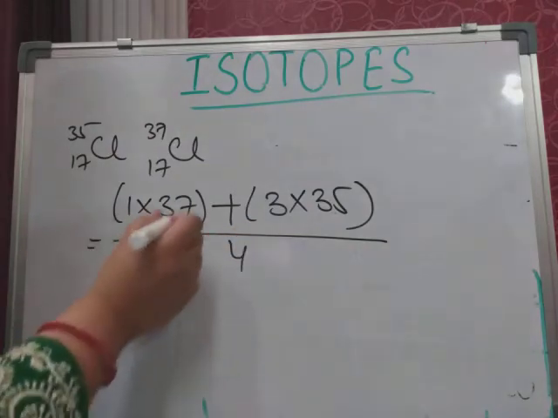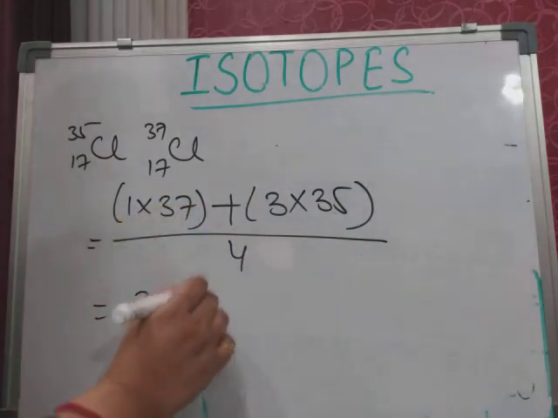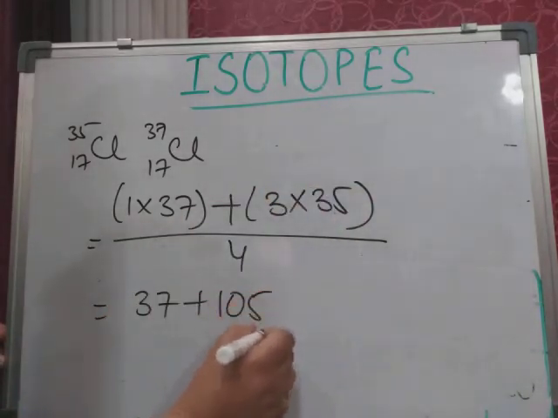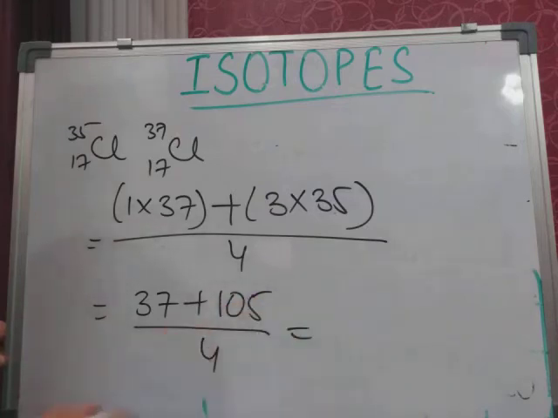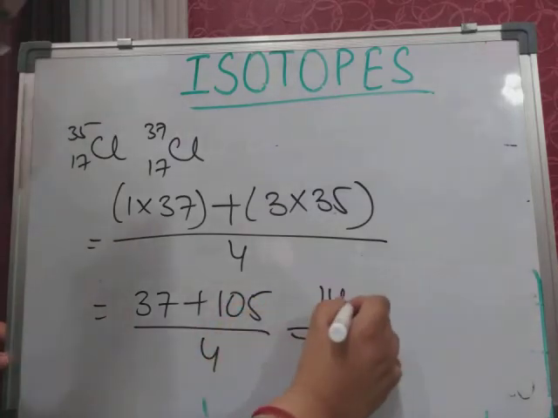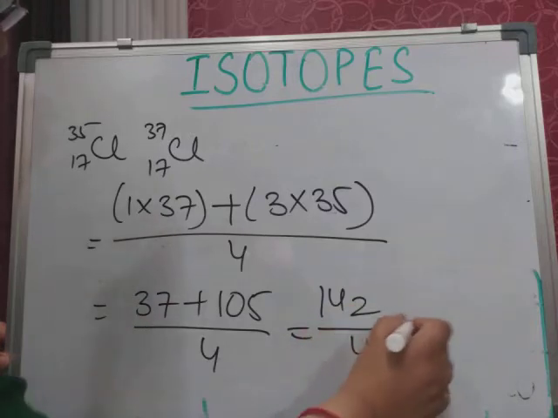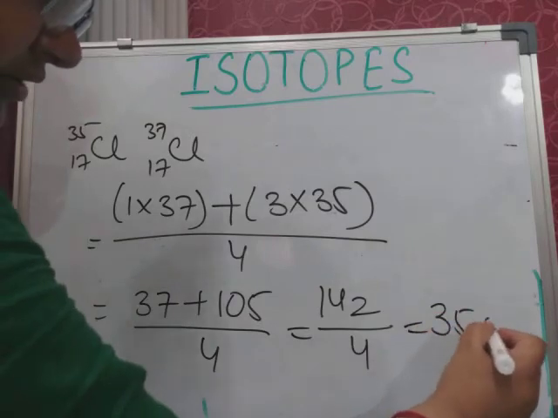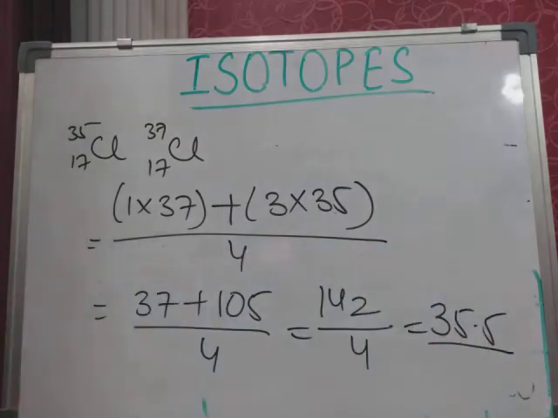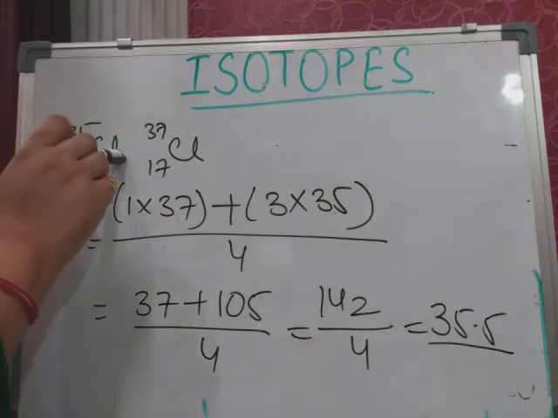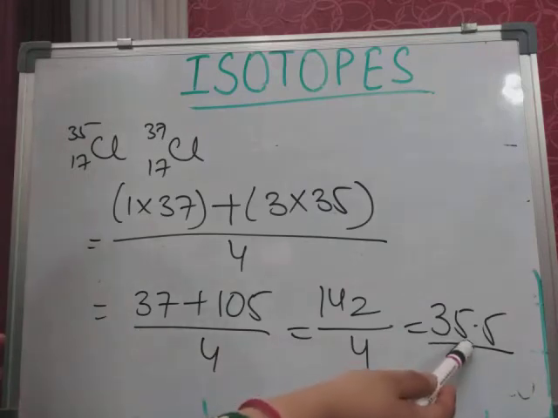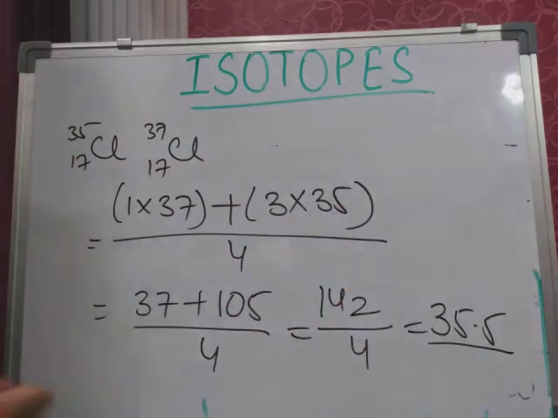So it will be equal to 37 plus 105 upon 4, which comes out to be 142 upon 4, and that is equal to 35.5. And we know that the mass of chlorine which we put in our calculations is 35.5. So this is how we can calculate the average atomic mass of isotopes.